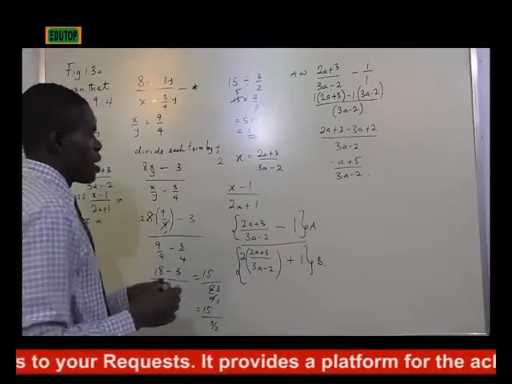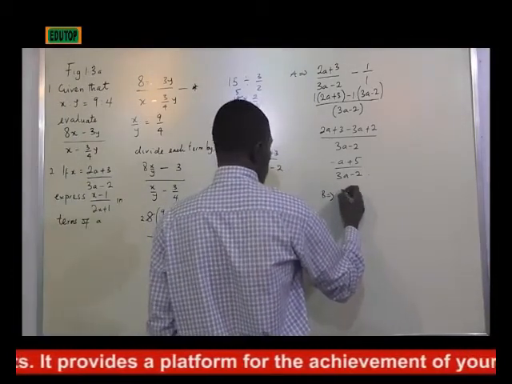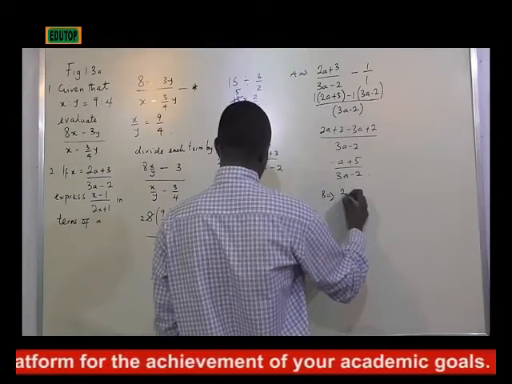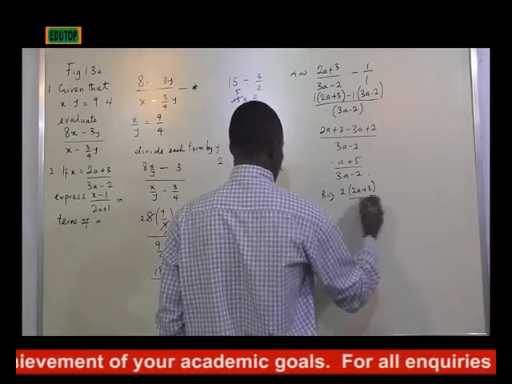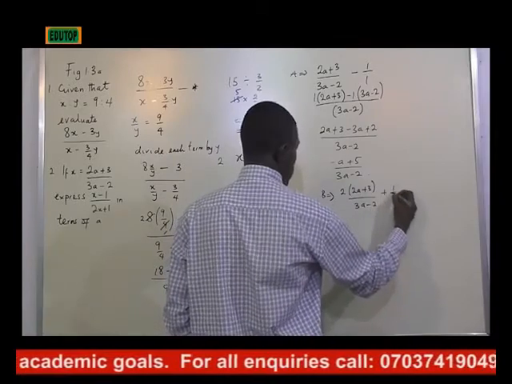Then my b, I have the b part now. I can write this as 2 into 2a plus 3 over 3a minus 2 plus 1 over 1.